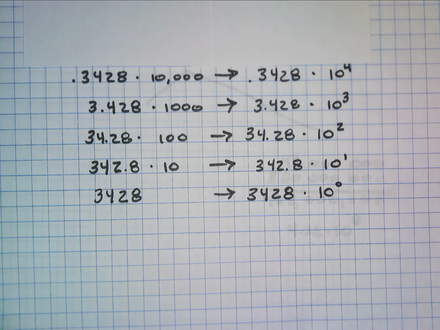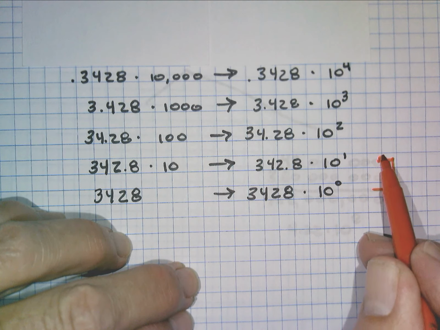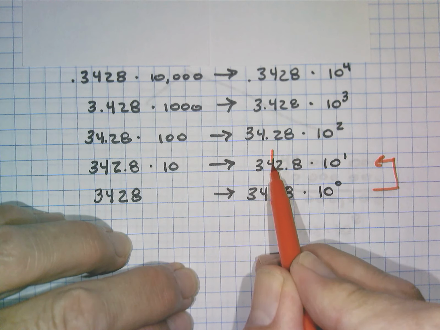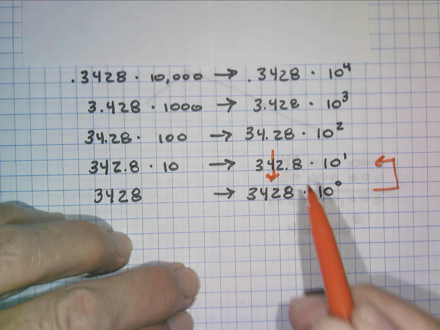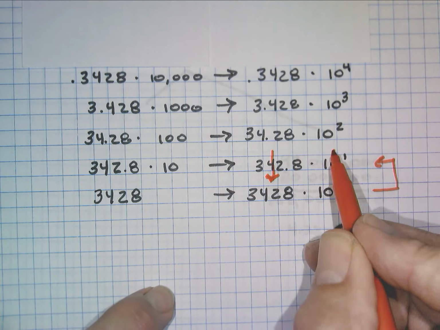I'd like you to notice something. When I go from here to here, this number, the coefficient, goes down by a power of 10. From 3428 to 342.8, I've gone down by a power of 10. My exponent, therefore, to make up for it, has to go up by a power of 10.